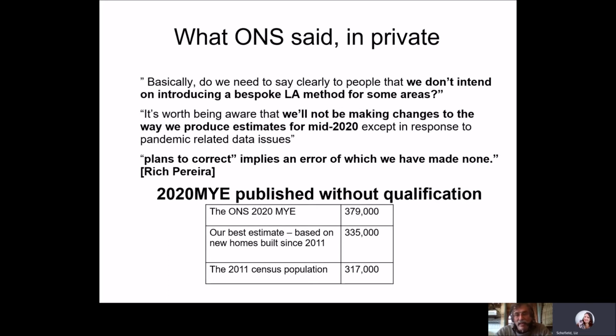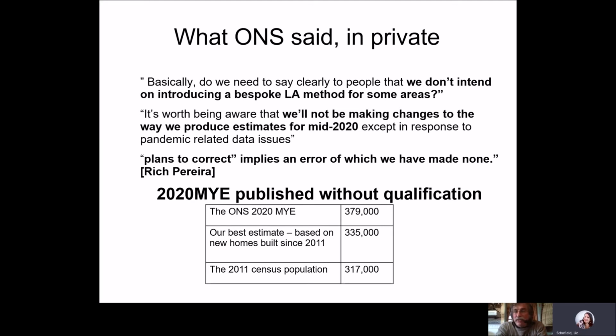And the real killer here is that ONS went ahead 6 weeks after the investigation reported, said there was an issue in Coventry, and said the figures seemed to be too high. They went ahead and published their 2020 numbers without any qualification.